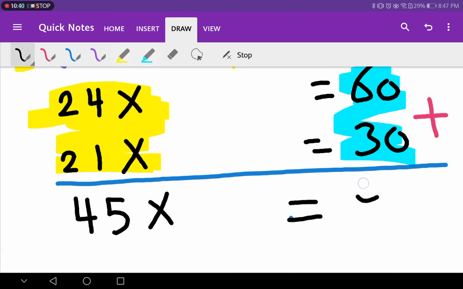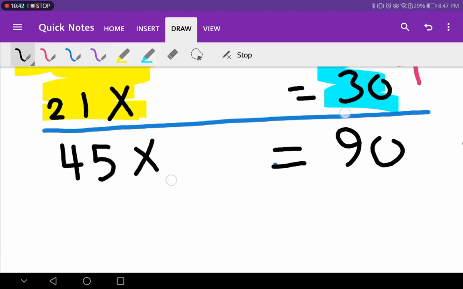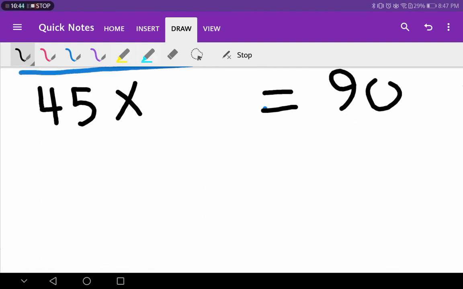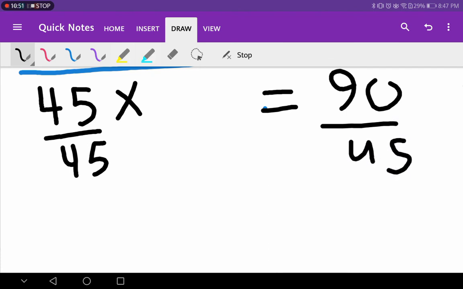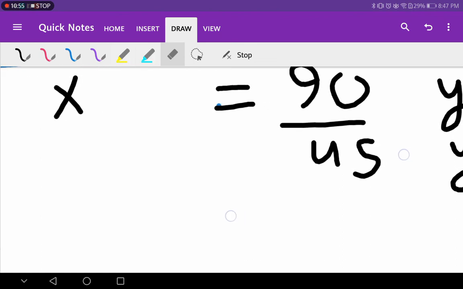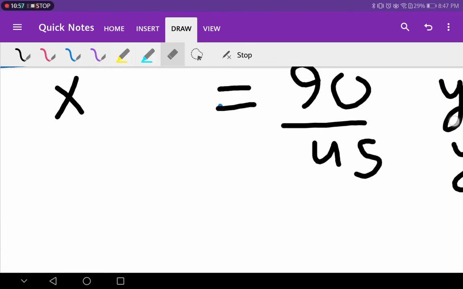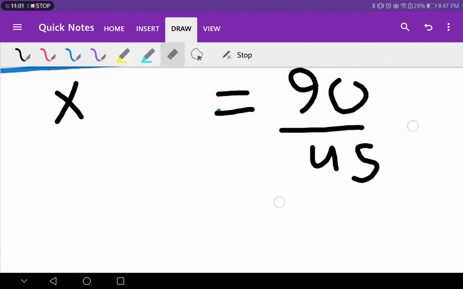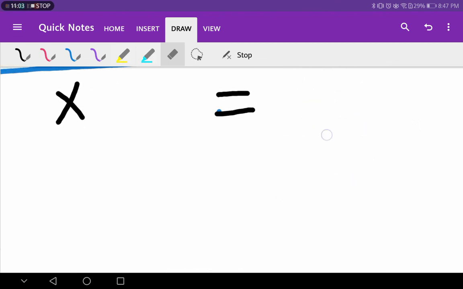Then divide by 45 on both sides to make the x alone, and the y term is eliminated. x equals 90 over 45. By the way, 2 times 45 equals 90. Because of that, x equals 2.